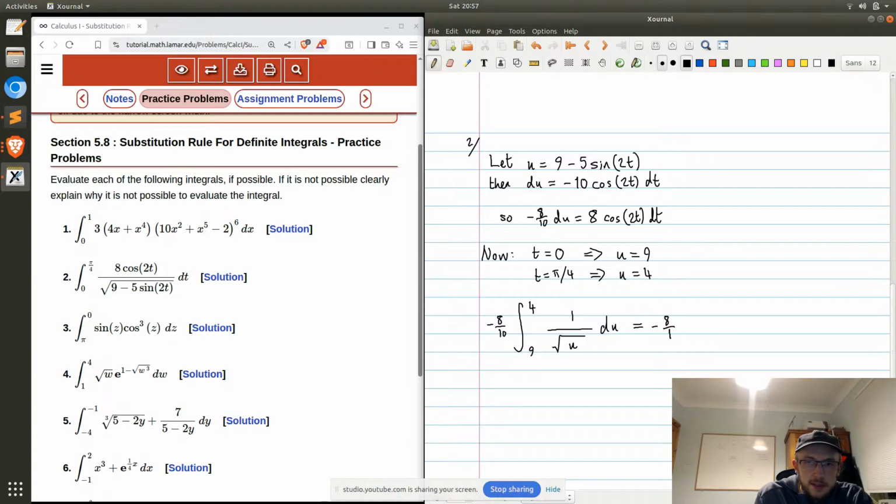So minus 8/10. Then open up some square brackets here. Now this is u to the minus half. So you add 1 to the power, make it a half, and then divide by that. So 2u to the half, or 2 root u, if you like. And then put 9 down there and a 4 up there.